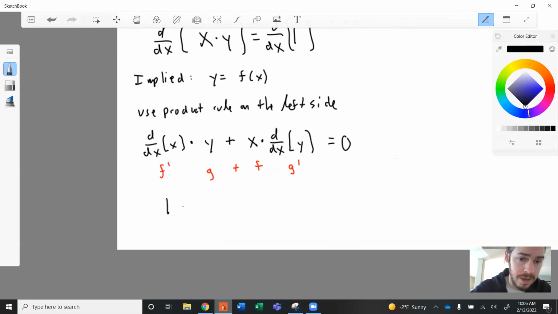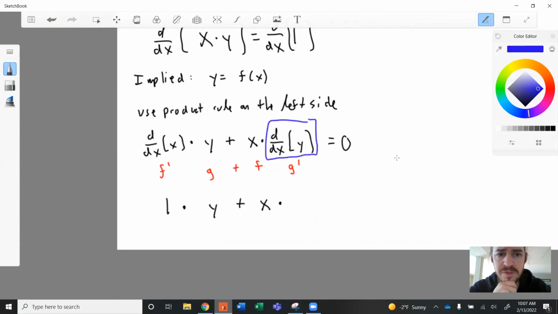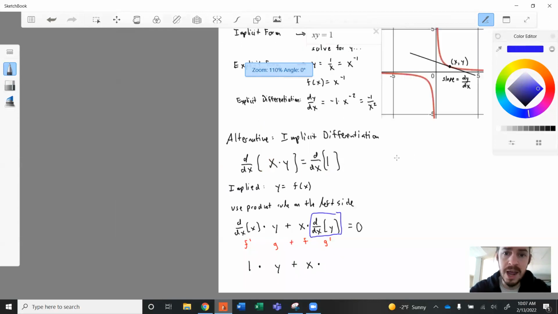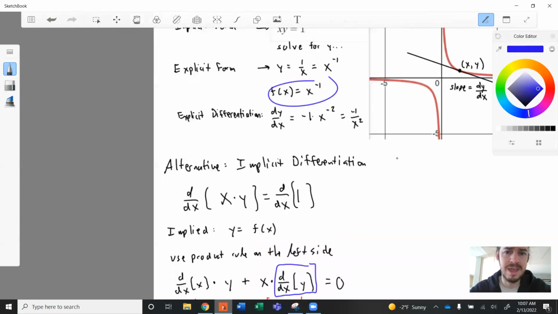We have 1 times y plus x times, now what do we do here? This is the weird part, because here we want to do the derivative of something, but the thing we want to do the derivative of is y. Y is implicitly a function of x, but we don't have that explicit formula. And we're not going to go back and do it like we did last time.